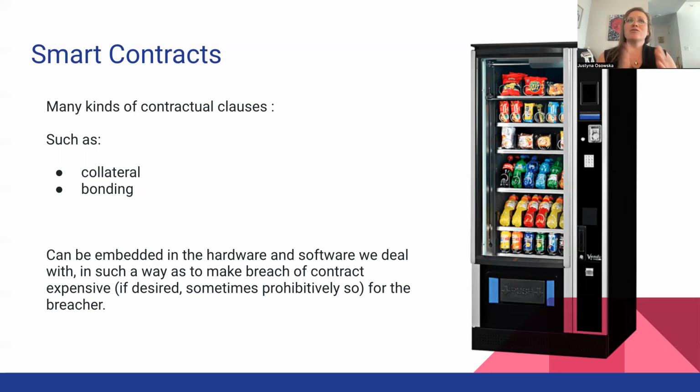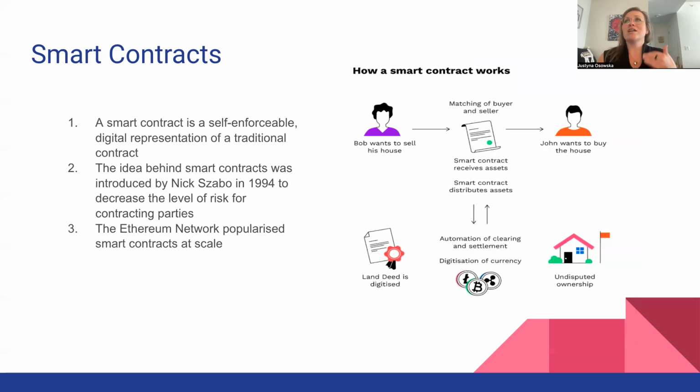The specifications will be that you deposit that $1,000, the interest rate will be a certain percentage amount, and you have a certain amount of time to pay. The interest will begin to charge and it will start executing on the blockchain, and you can have all that information verified very quickly. So once again, a smart contract is a self-enforceable digital representation of a traditional contract.